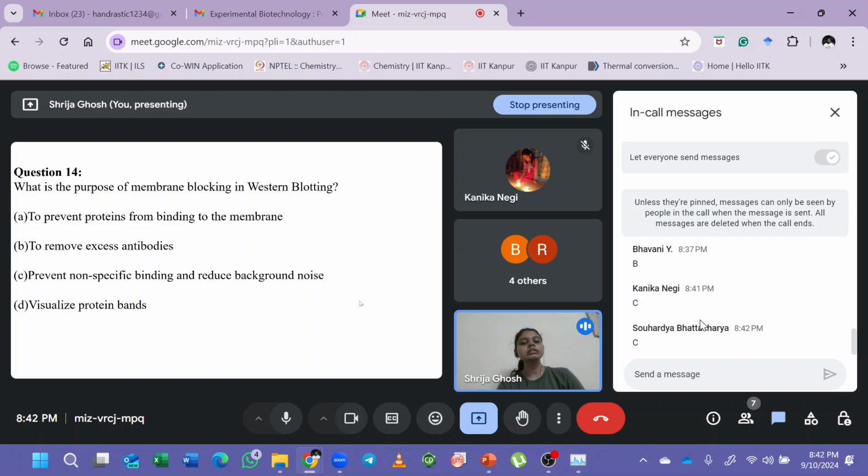So these solutions have other proteins, so they will kind of block the whole surface of the membrane. Then you can wash the membrane slightly and then add the antibody. So antibody will not have any non-specific binding, it will only give the signal where your protein of interest is there, on the membrane.